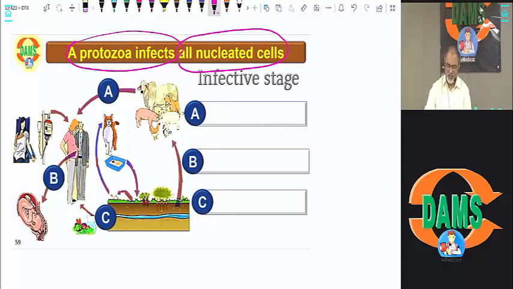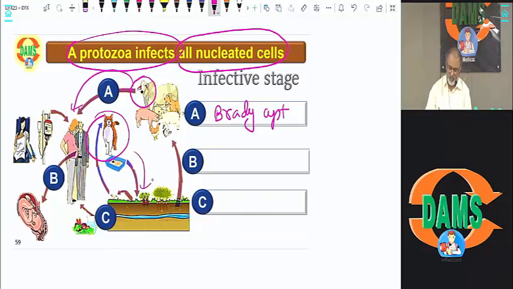See the infective stage. From the cattle, man eats the meat. The meat contains bradyzoite cysts. And cat excretes feces containing oocyst.